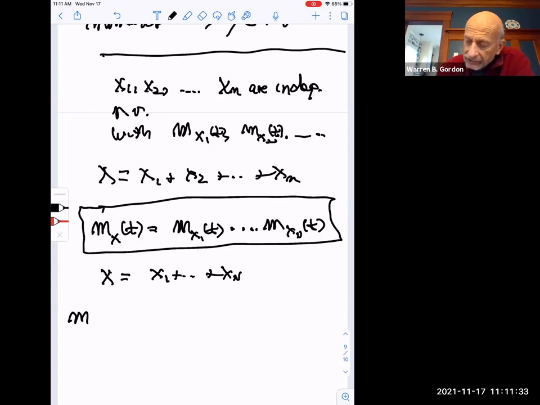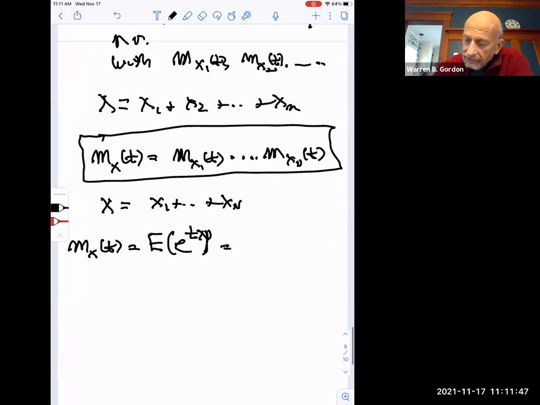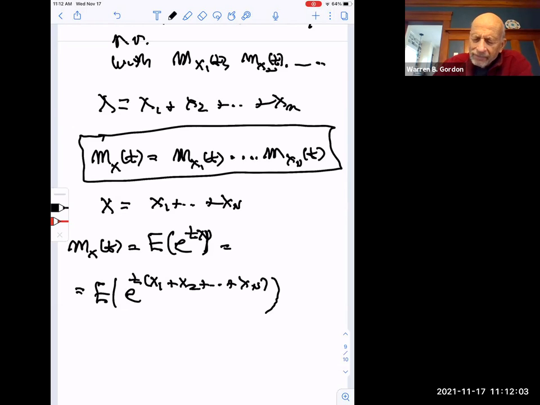The moment generating function is the expected value of e to the tX, so that becomes e to the t times x1 plus x2 plus up through x sub n. Now I'm going to use in a moment, remember, any function of independent random variables is independent.